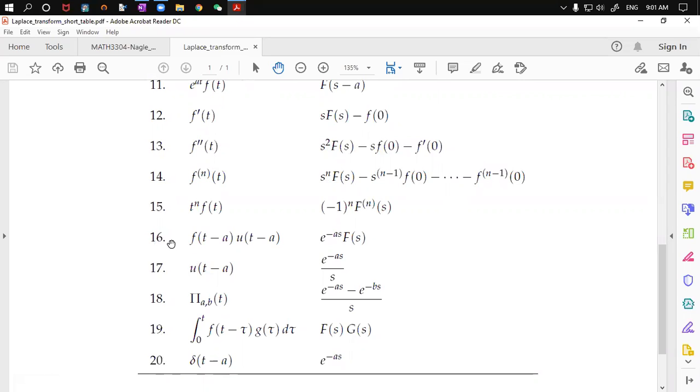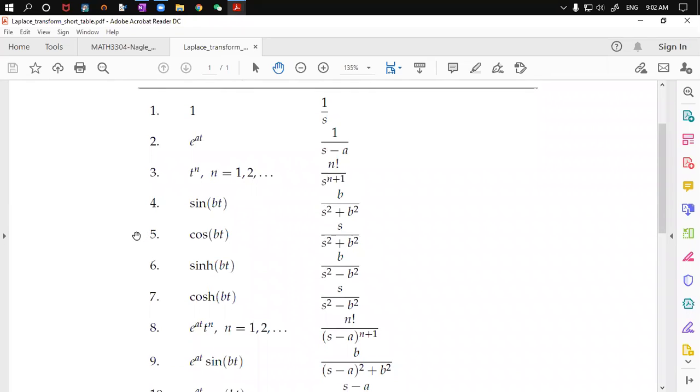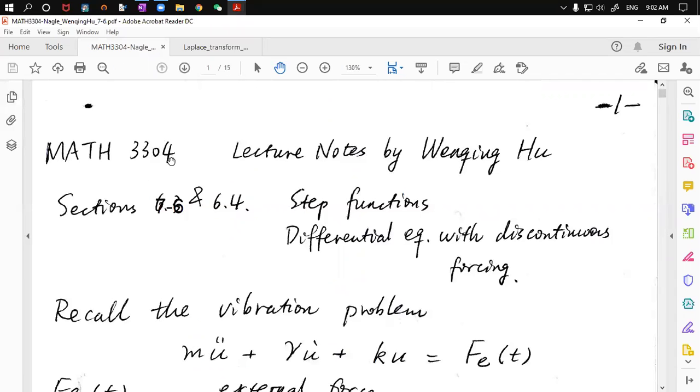Each of these lines corresponds to a very important theme of Laplace transforms that we will discuss throughout the upcoming lectures. So that's the major plan for the next few lectures.